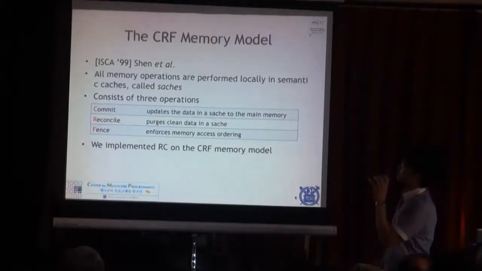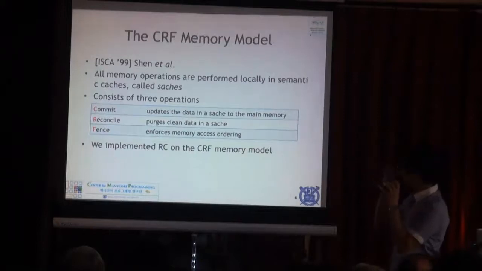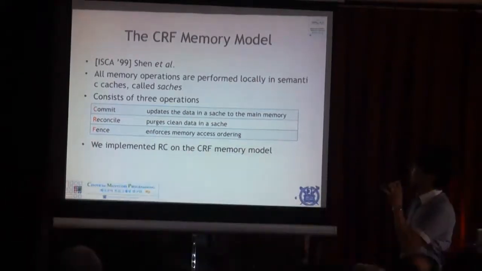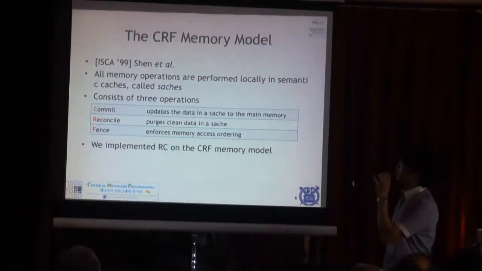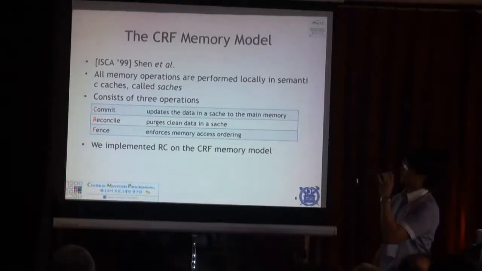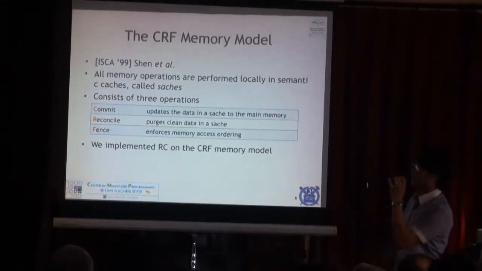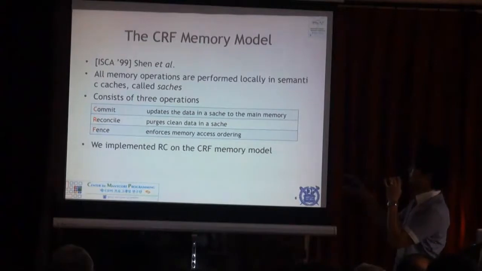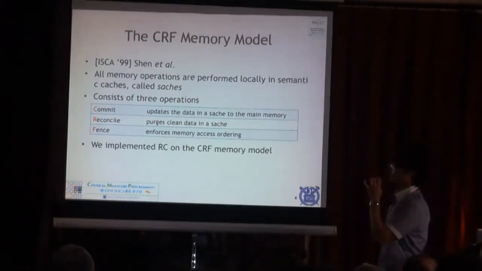Our software SVM is based on the CRF memory model, which I will briefly introduce. In this model, all memory operations are performed locally in semantic caches called sache. CRF stands for commit, reconcile, and fence. As its name indicates, it consists of 3 operations. A commit operation updates data in a sache to the main memory.